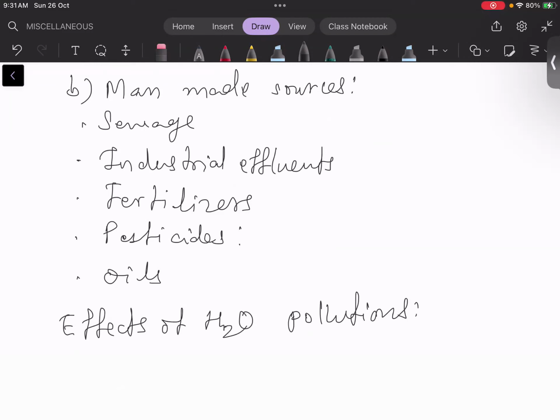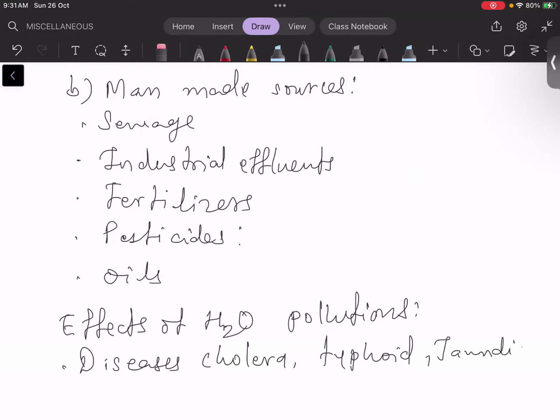Toxic material in water causes serious waterborne diseases like cholera, typhoid, jaundice, and hepatitis in humans.